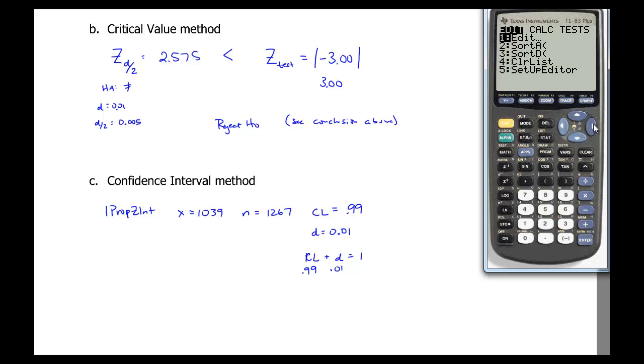So in the stat menu tests, it's a 1 proportion z interval. And there it is. The numbers are already in here, so 1039 for x, 1267 for n, confidence level of 99 or 0.99, and calculate. And there is our confidence interval, 0.7923 to 0.8479, rounding a little bit.